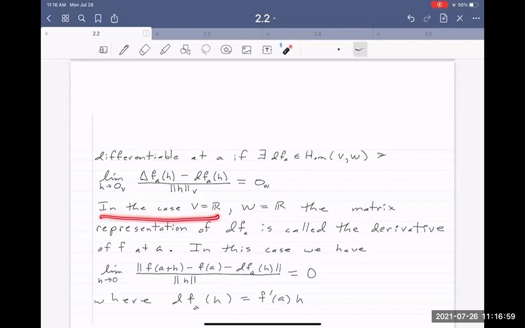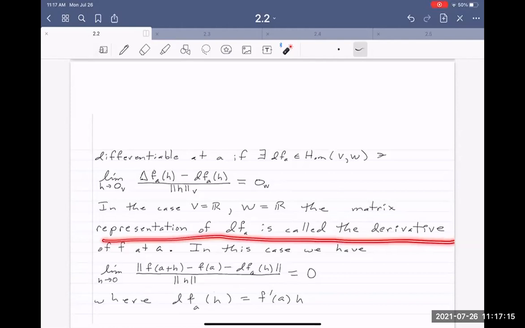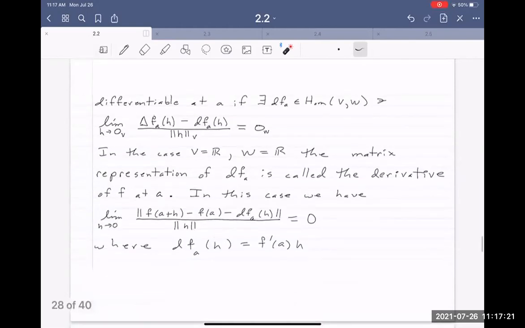In the case that V and W are the real number line, the case that we're looking at here in Math 261, the matrix representation of df sub A is called the derivative of F at A. In this case, we have the limit as H approaches 0 of, you can just write one line.